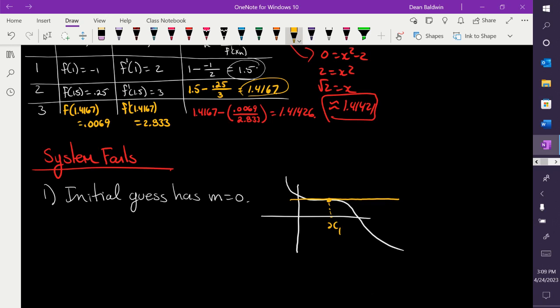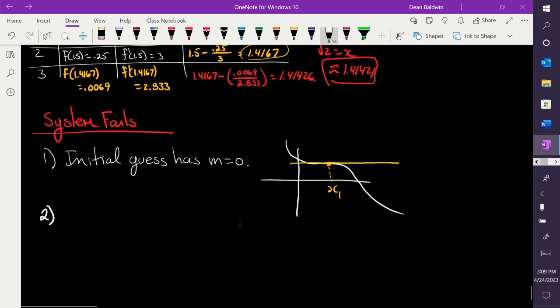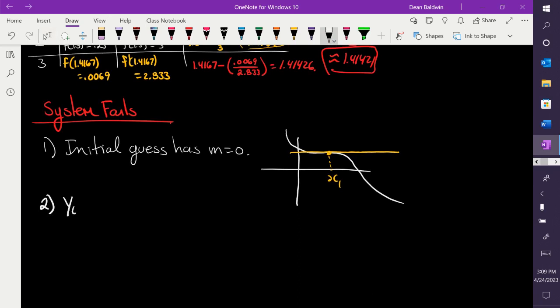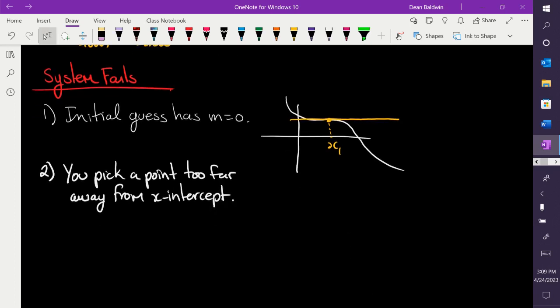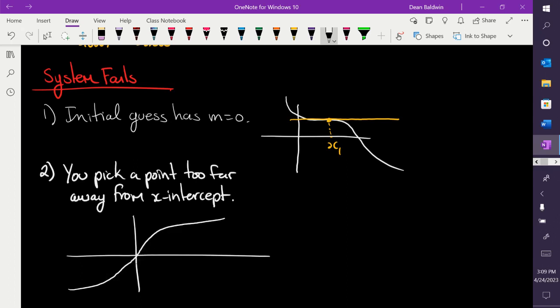And the other one is when you pick your initial guess too far away from the x-intercept.